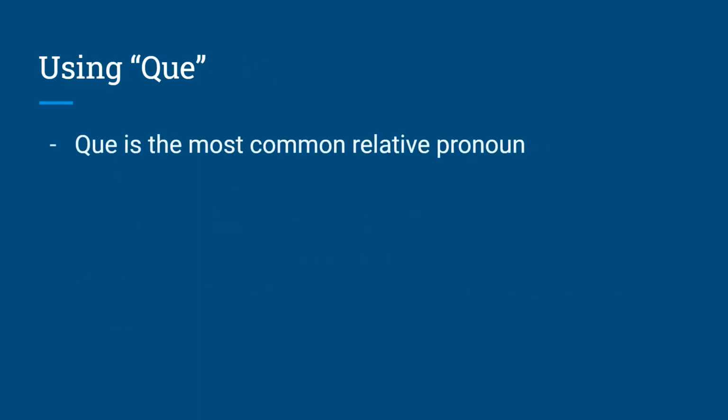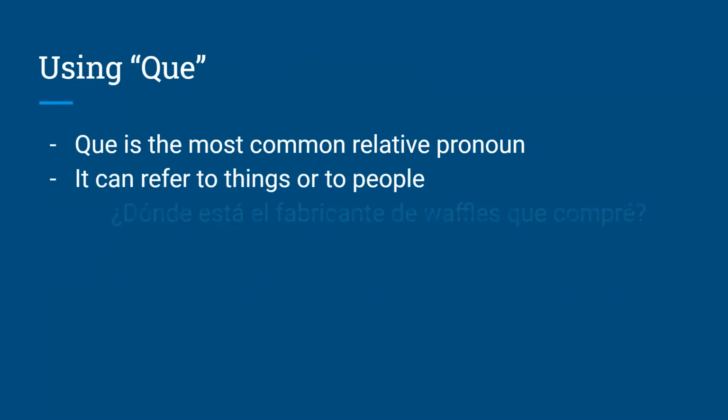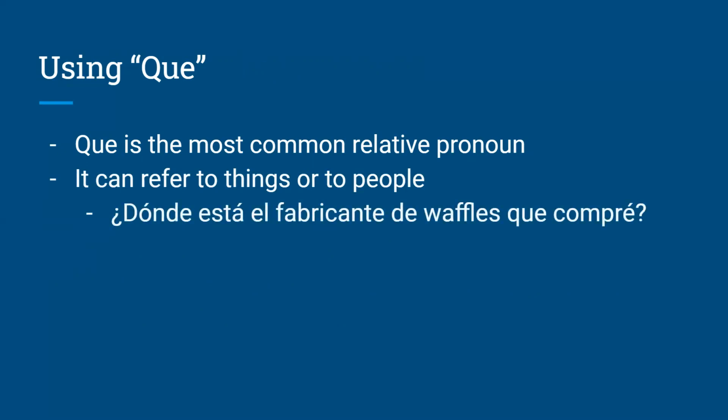Okay, so let's talk about our rules using que first of all. Que is the most common relative pronoun. It can refer to things or to people. For example, where is the waffle machine that I bought?